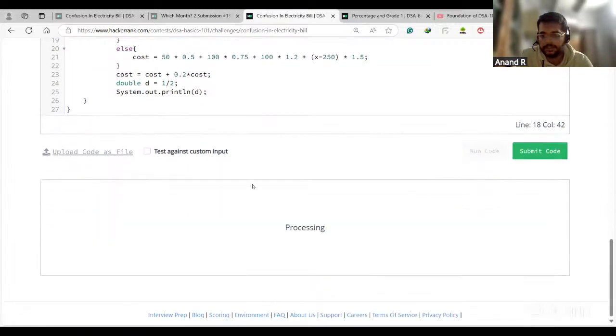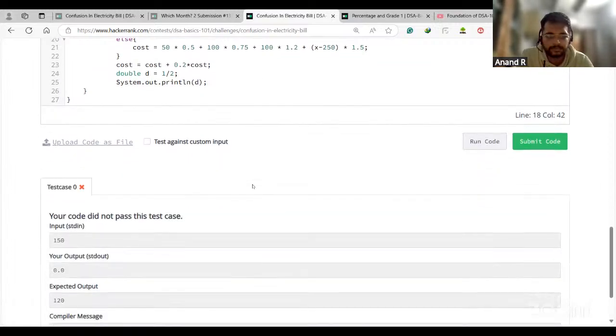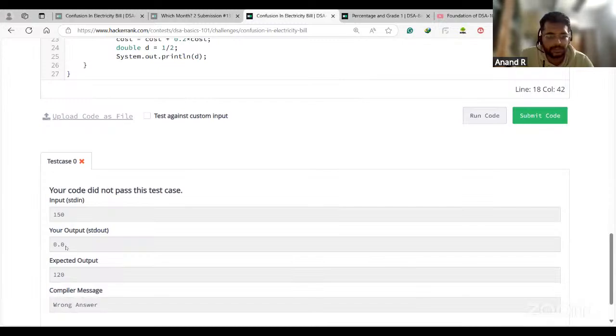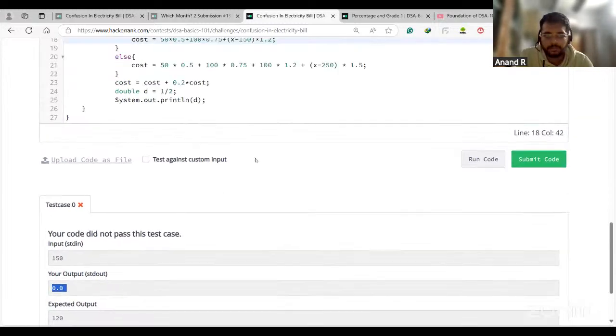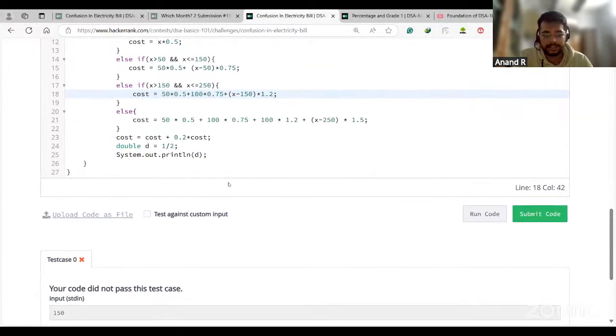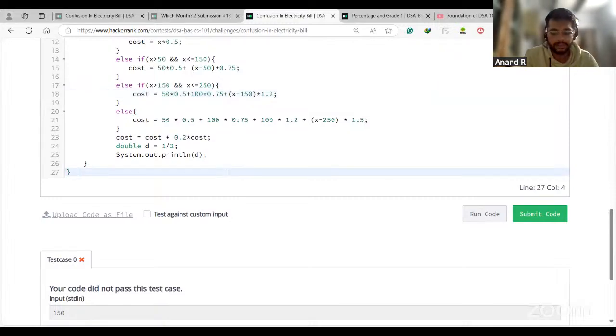The result should be 0.5, but you are getting 0.0, because integer by integer will give you an integer. So 1 by 2 is ideally 0.5, but it will take the integer part of it, which is 0, so you will get 0.